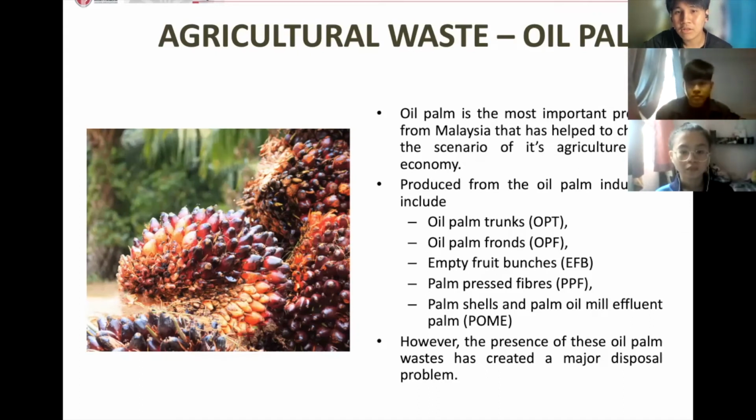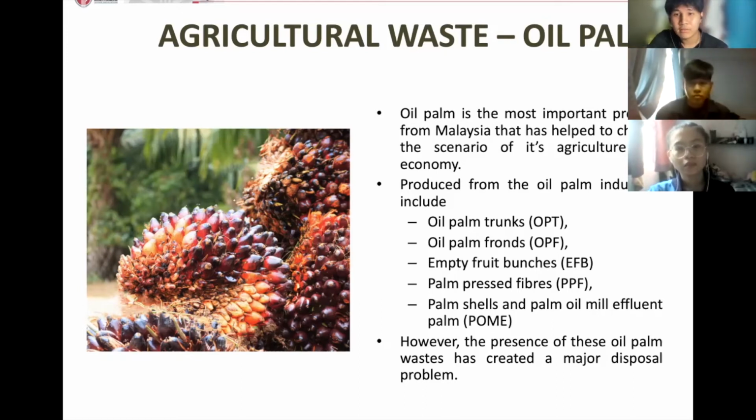As we all know, oil palm is the most important product for Malaysia. It helped change our agriculture and economy. Malaysia is a top oil palm supplier in the world. If I'm not mistaken, Malaysia is number 2 in the world.